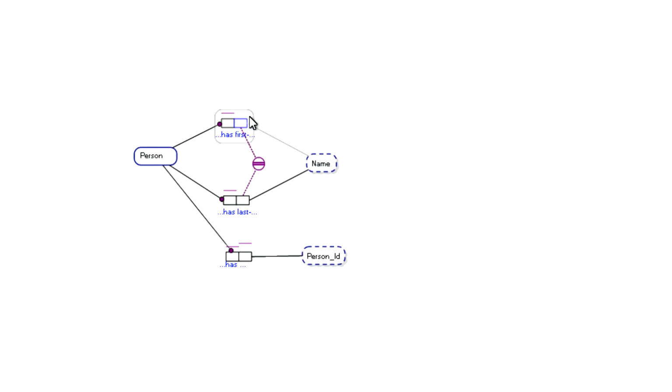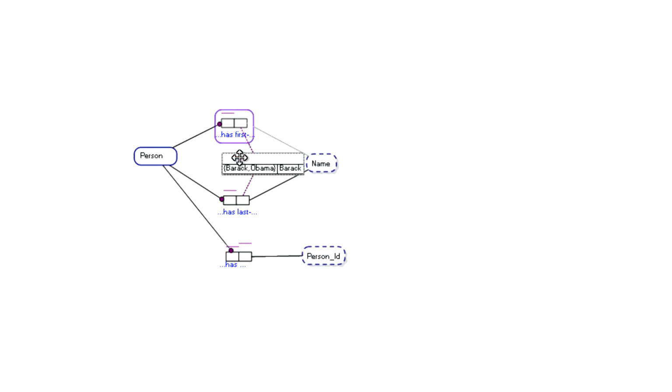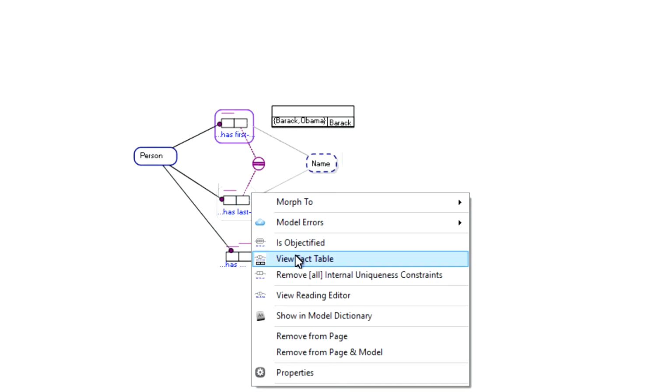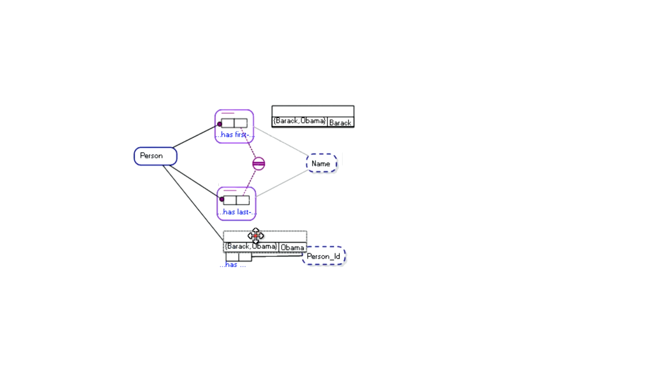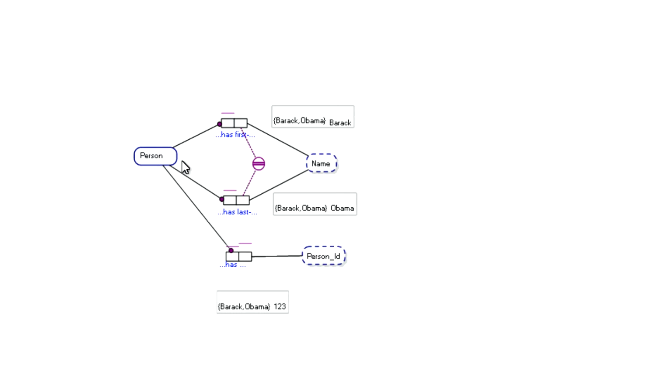Now we can see this more easily if we have a look at some sample populations for the relevant fact types. I'll just open those up here. And here we can see that person has first name, Barack Obama has first name Barack. Person has last name, Barack Obama has last name Obama.